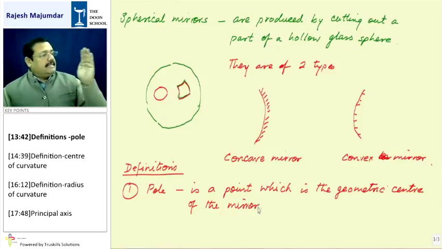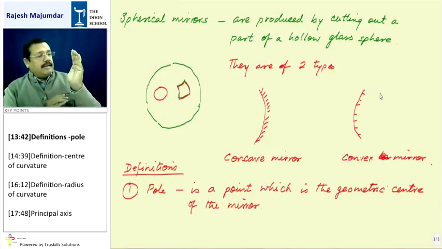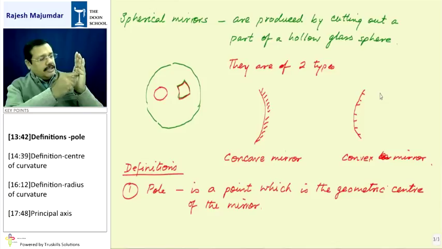Now suppose this is the mirror, right? This is the reflecting side, the outer is the polished side, and so this becomes a concave mirror. The center of this structure, so the outer periphery is circular, suppose. This point which is right at the center is called the pole.